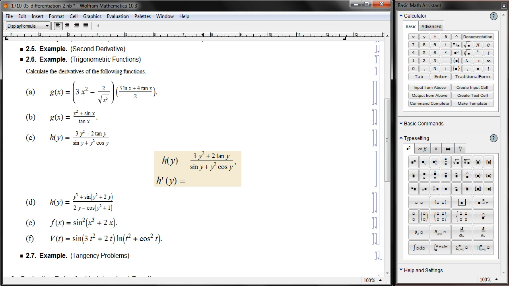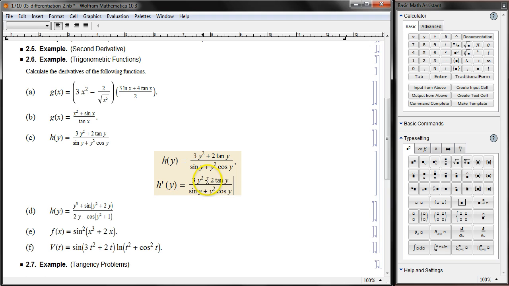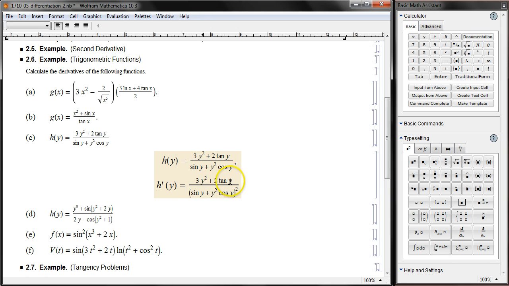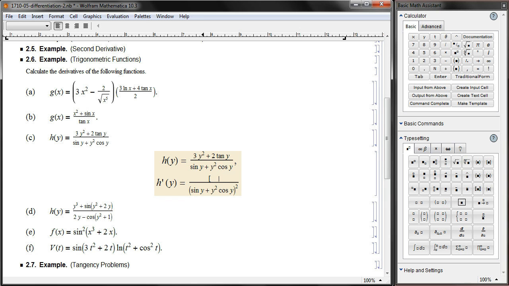How do we do this? It's going to be a quotient rule again, it appears. We need the denominator squared. That's really conspicuous, so very few people miss it. And then you need u prime v minus u v prime.